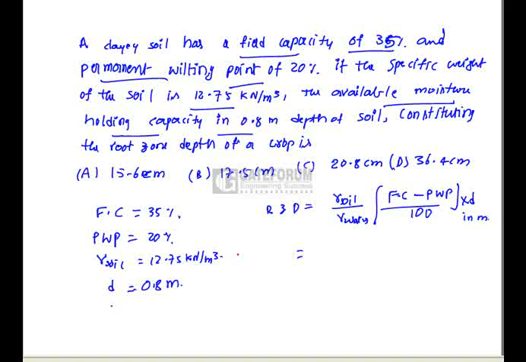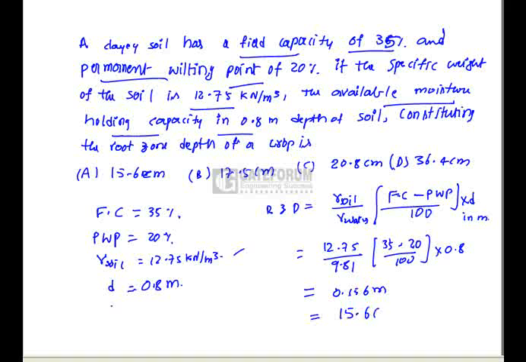So gamma of soil we know is 12.75, gamma of water 9.81, field capacity 35 minus 20 by 100 into 0.8, that is equal to 0.156 meters, that is equal to 15.6 centimeters. So option A is correct.